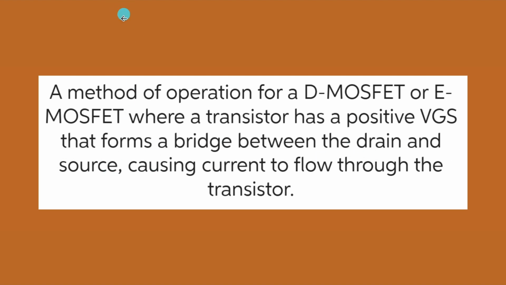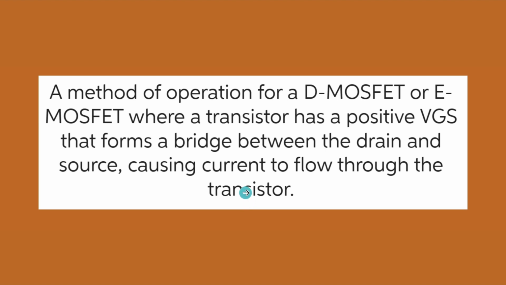You know, there would be a source where the things will enter, in the easiest way I'm explaining, and there would be a drain where the things will go out. So there is a drain and source causing current flow through the transistor.